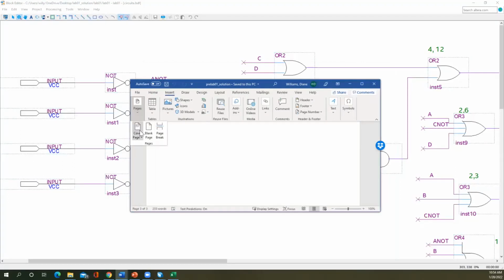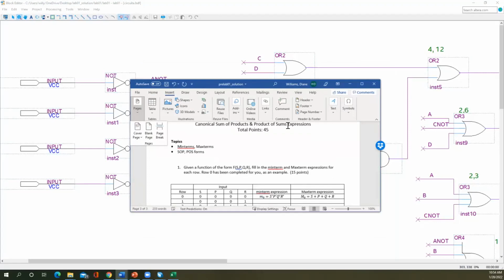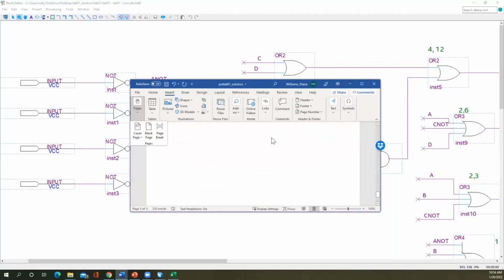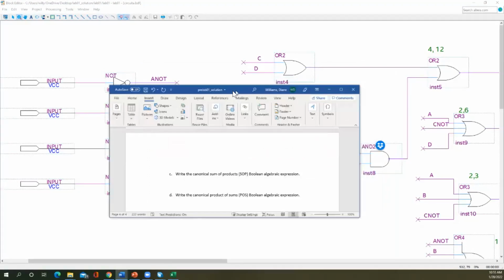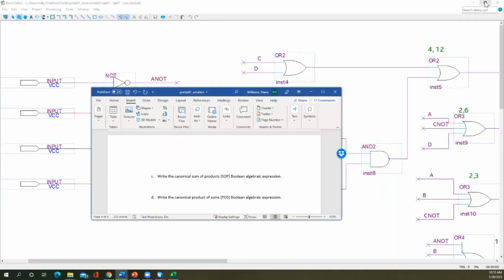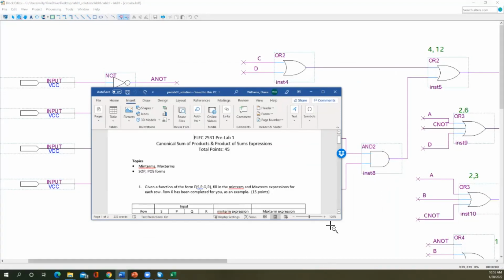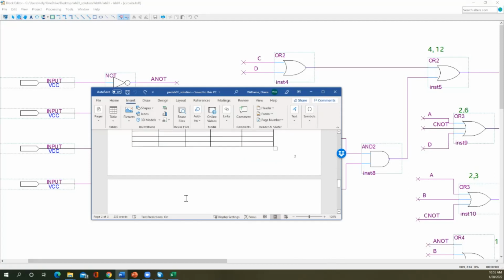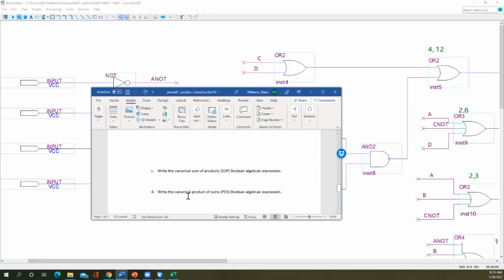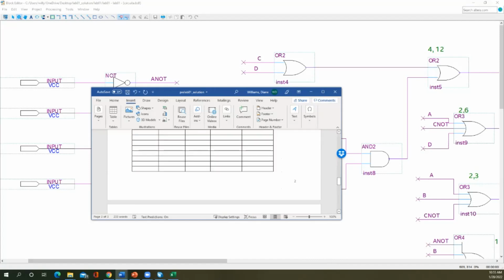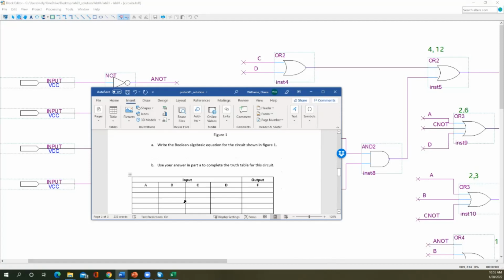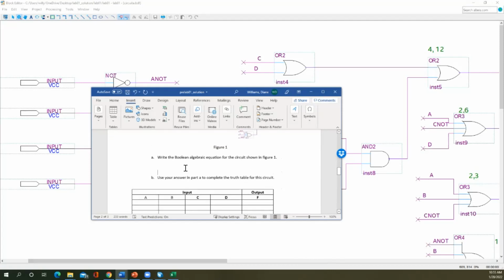Let's just start writing out the equation. Put a page break where I don't want it. I go down here. Go here.